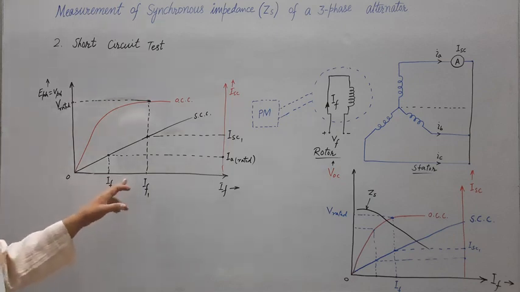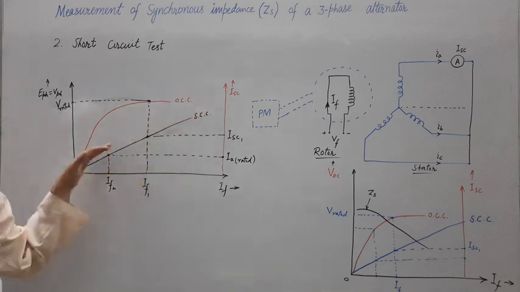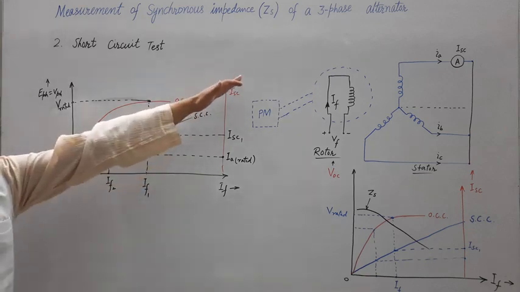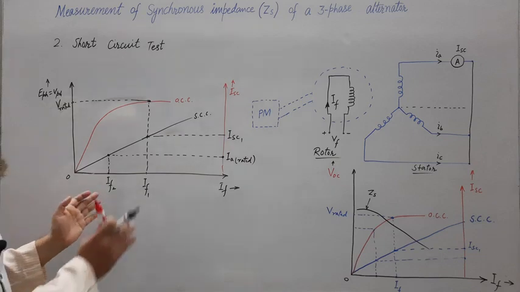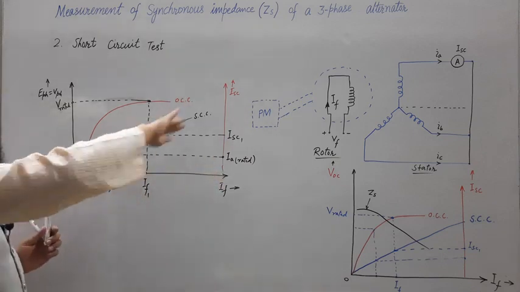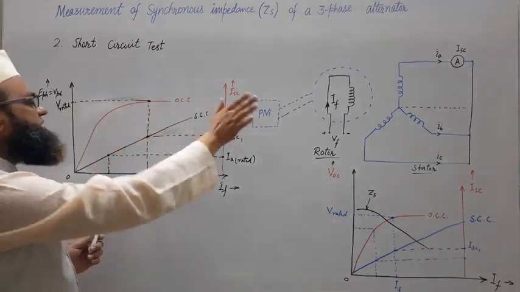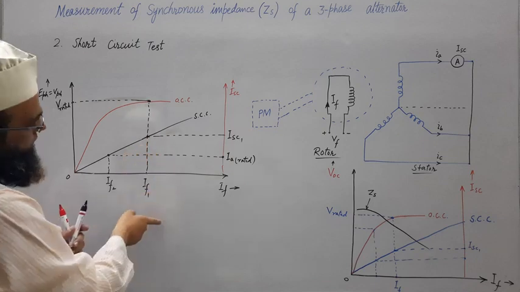So the short circuit current varies linearly, so we can extend it wherever we want. No need to have further tests, because once we know that this curve is linear, we can extend it wherever we want. So after extending this curve, we will get one point corresponding to this IF1.